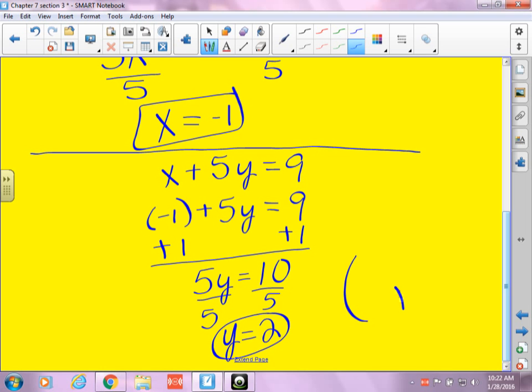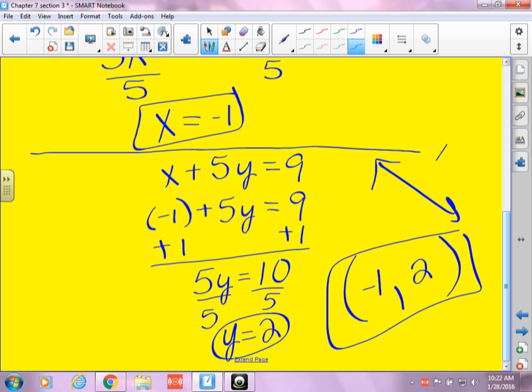And my ordered pair is negative 1, 2. And that is where these two lines intersect. That's what I'm trying to find. And that's it. That's elimination. Now, there are problems that are going to be more involved than others, and we'll get to them. But generally, this is the process.